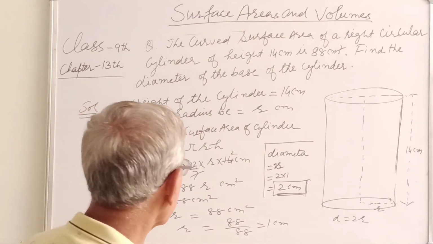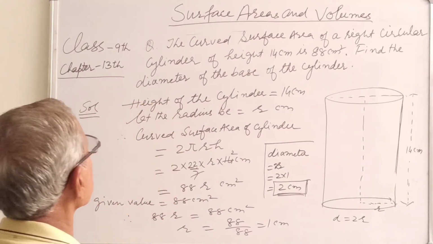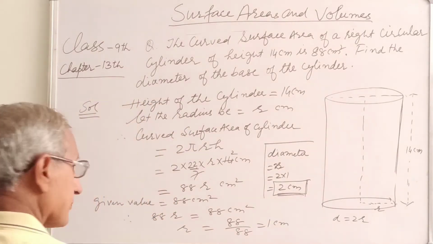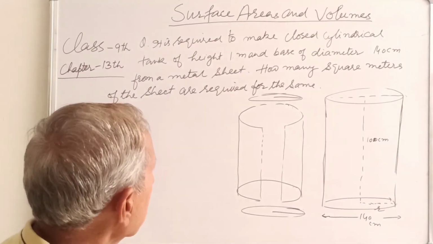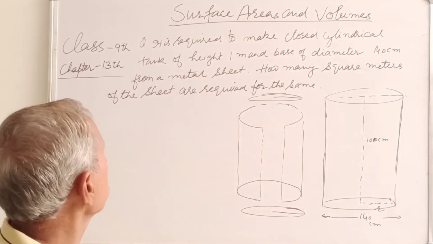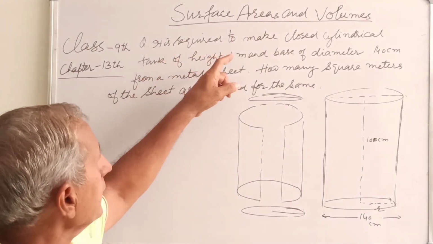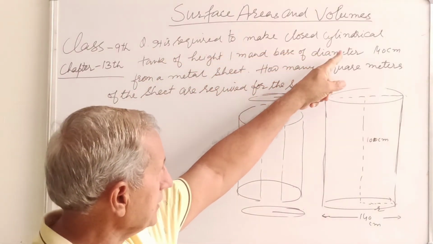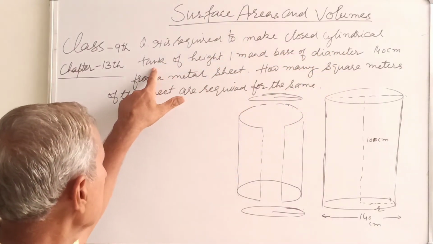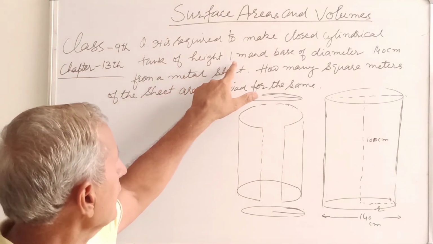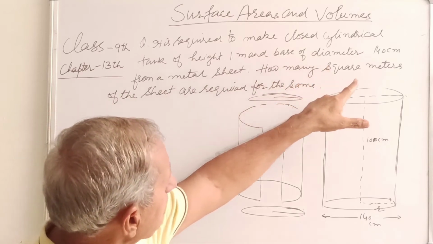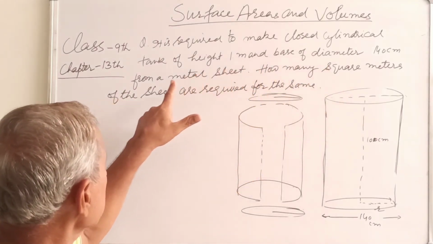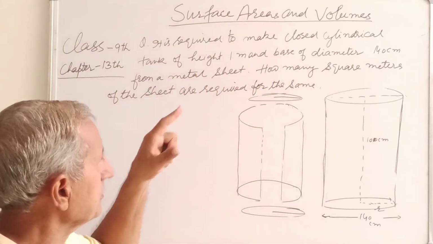Now let us take another question. So here is the next question. It is required to make a closed cylindrical tank of height 1 meter and a base of diameter 140 centimeter from a metal sheet.